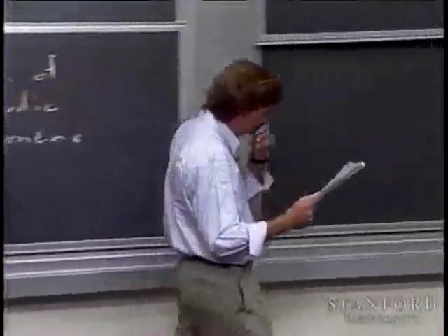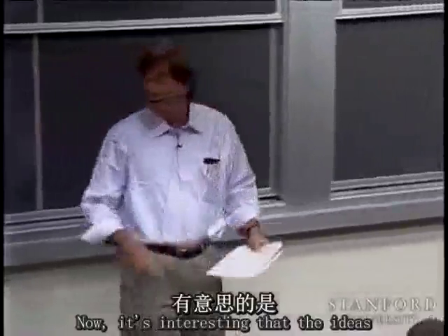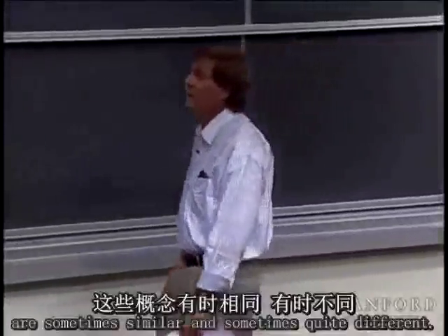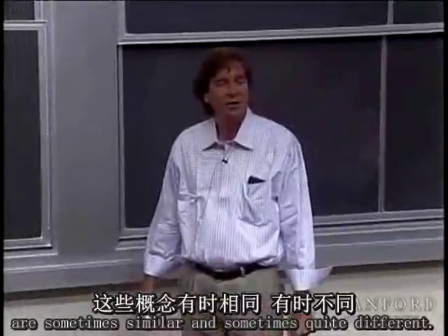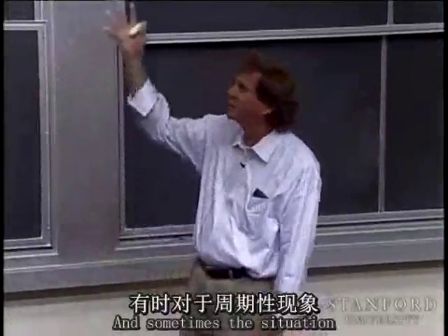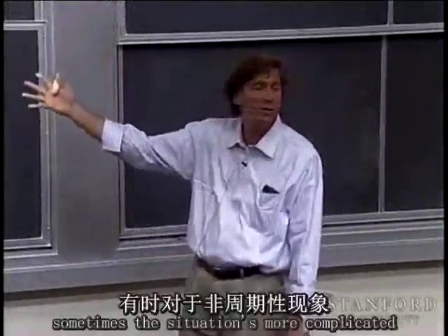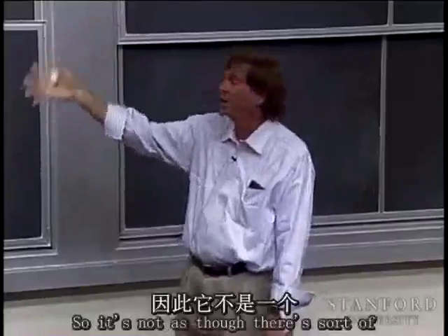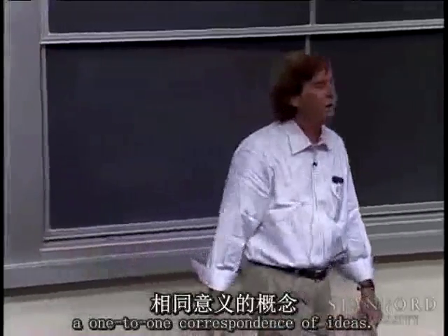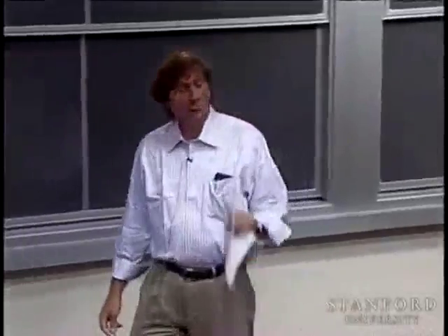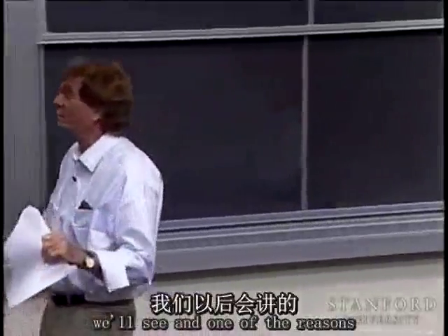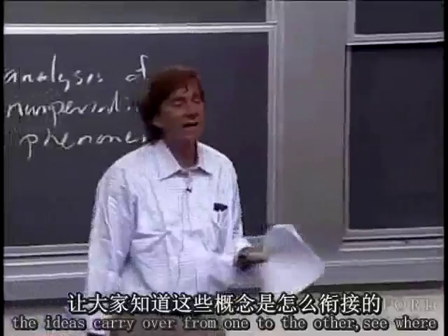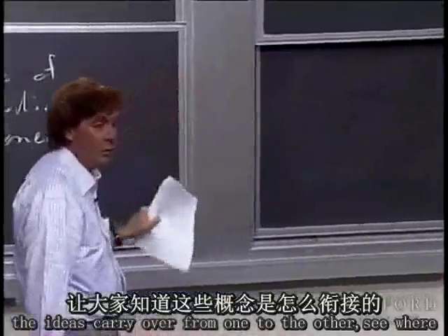What's interesting is that the ideas are sometimes similar and sometimes quite different. Sometimes the situation is simpler for periodic phenomena, and sometimes it is more complicated. So it's not as though there's a one-to-one correspondence of ideas. That's one of the reasons I'm starting with Fourier series: to see how the ideas carry over from one to the other, where they work and where they don't.